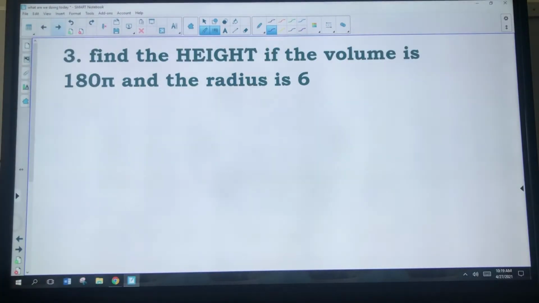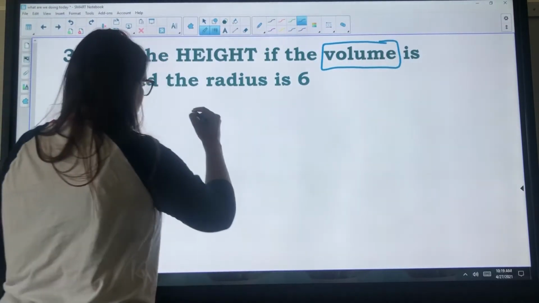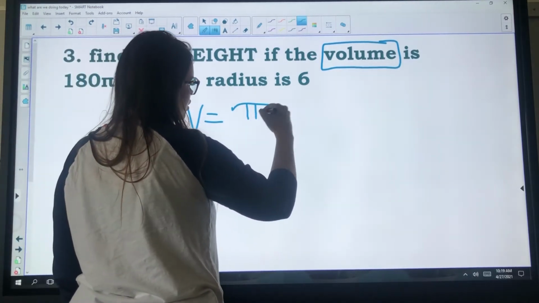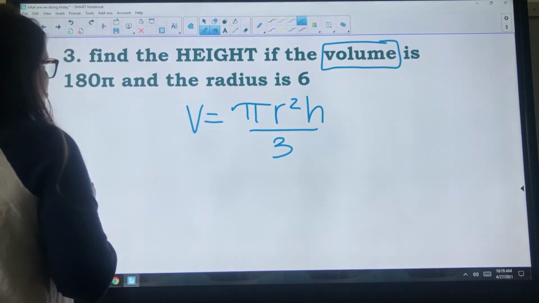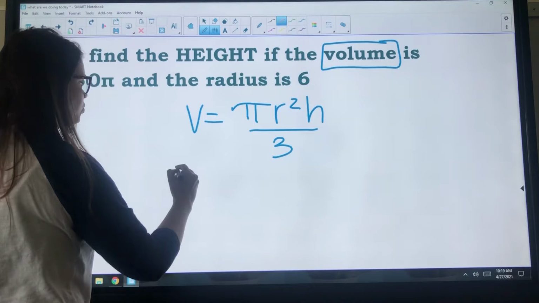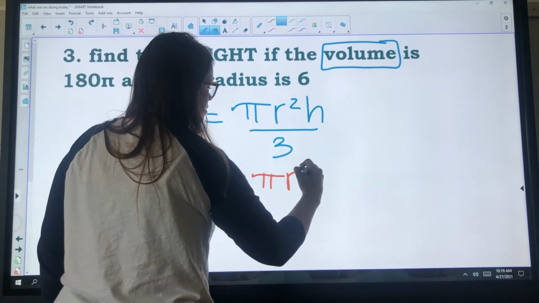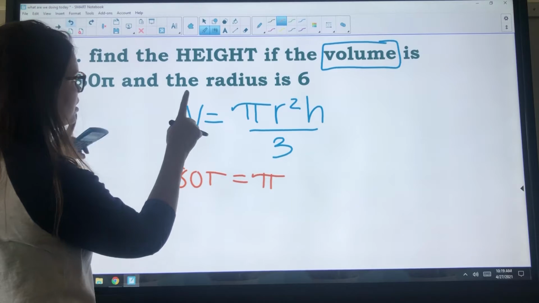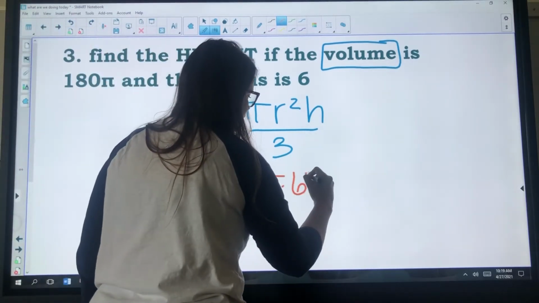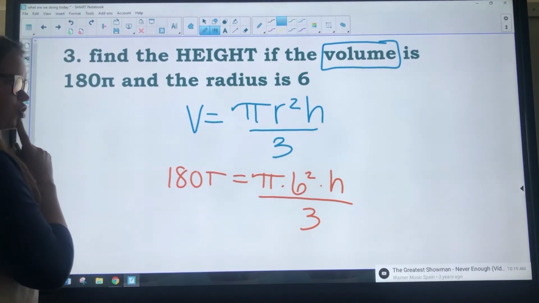Next, find the height if the volume is 180 pi and the radius is 6. So that's the formula we need to use. Volume equals pi r squared h over 3. So when you plug everything in, you have 180 pi equals pi times 6 squared times h over 3. So we have everything in the formula except the h.